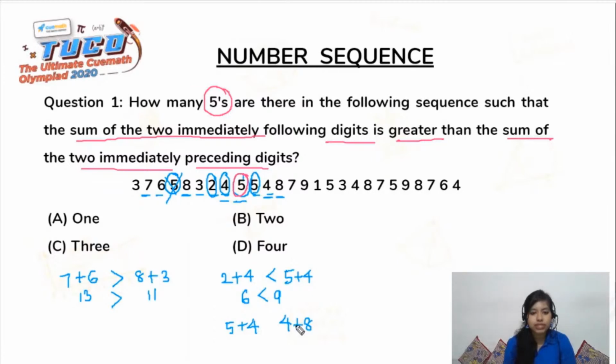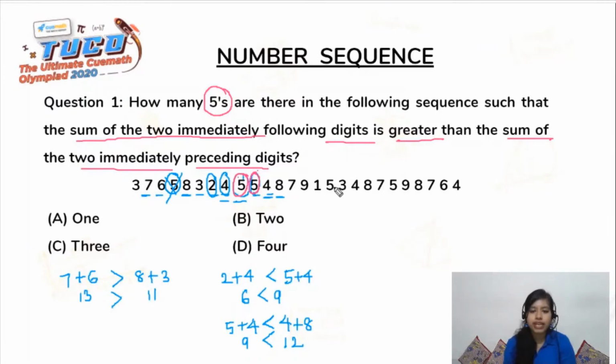So 5 plus 4 is 9 and 8 plus 4 is 12. Here again we see that we have this one to be greater than this, right? So 9 and this is a 12, correct? So from here, now let's go ahead. So we know that we are going to consider this 5 as well. So as of now, we have got 2 5s, right?